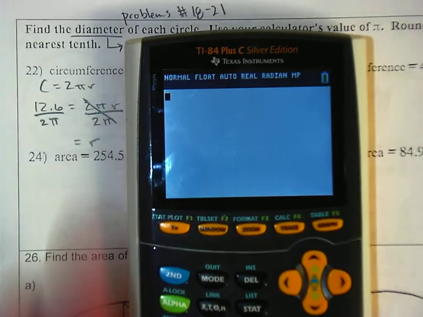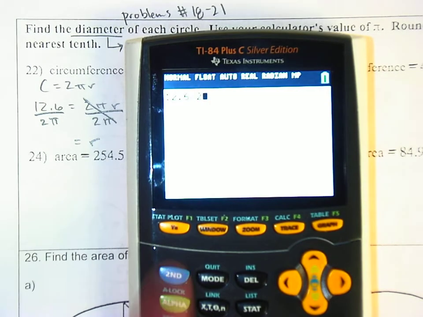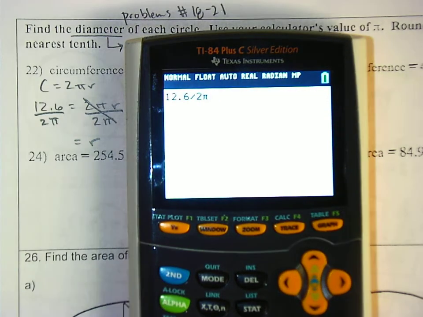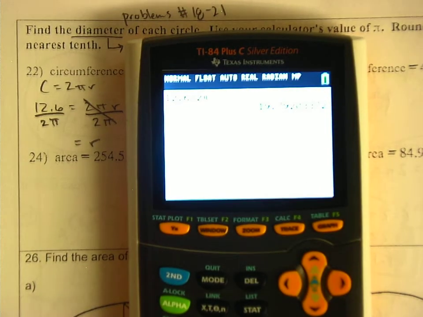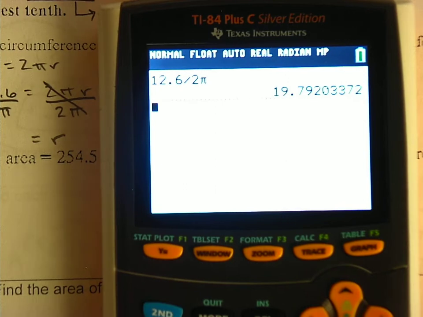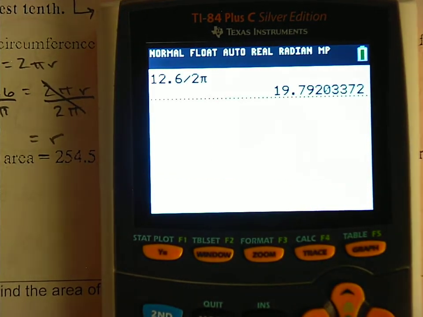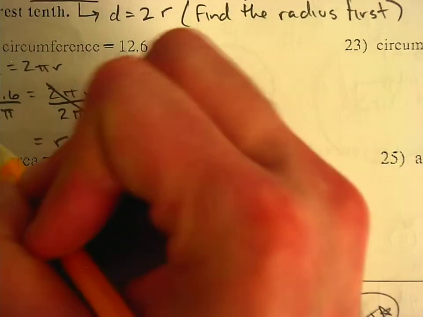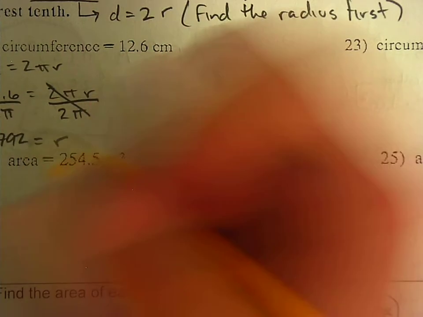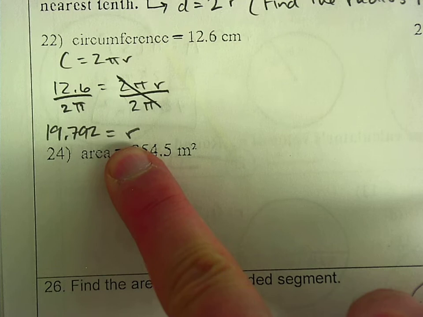We plug that into our calculator, 12.6 divided by 2 pi, and it should turn out something like 19.792. But we're not going to round that number yet because that's not our answer. That is r.